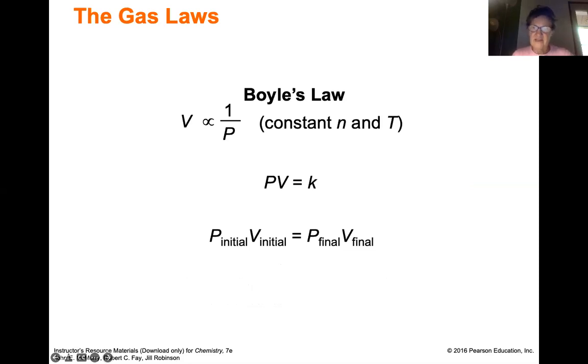It also means that if you hold number of moles and temperature constant in your gas, that pressure initial times volume initial is going to have to equal pressure final times volume final. So if all you do is change the pressure and volume, you'll be able to know how they change relative to each other by knowing that their product has to be constant.